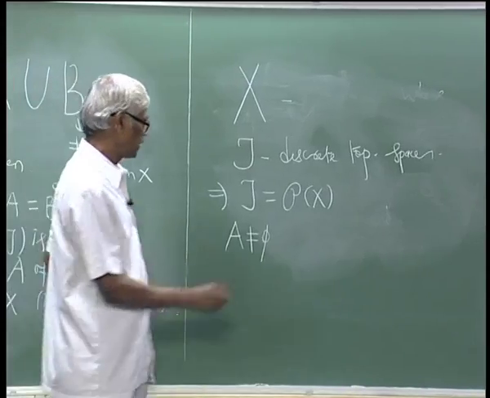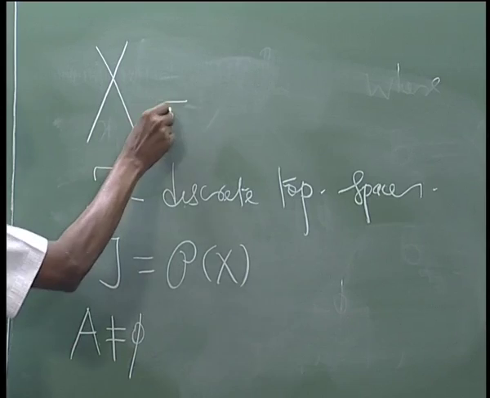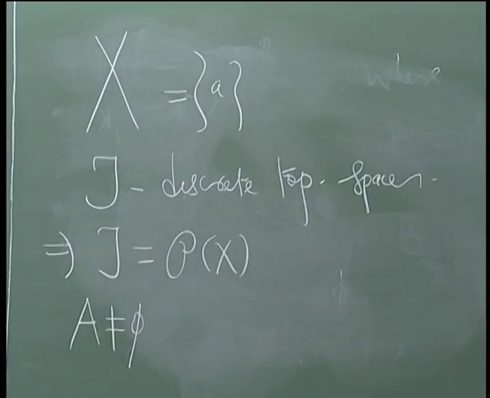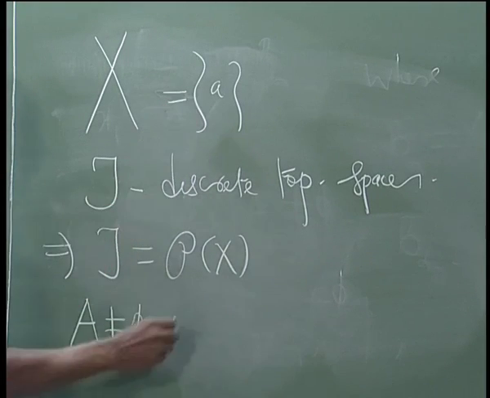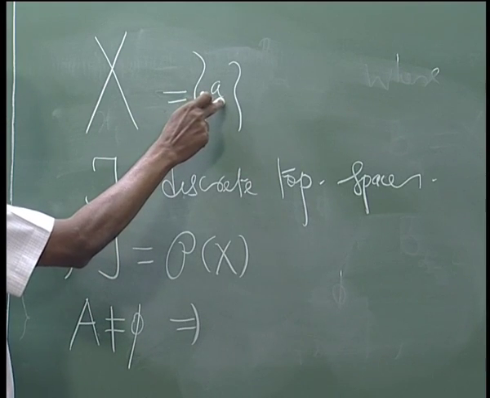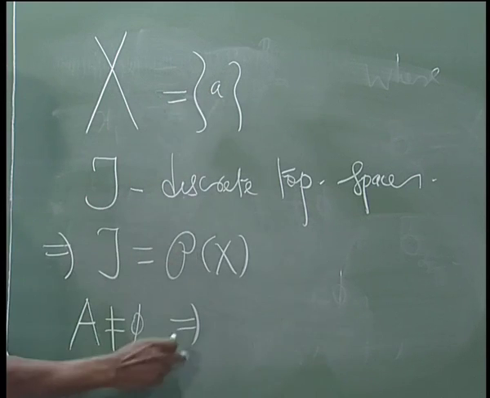But what will happen if A contains only a single element? Then A is non-empty, and in this particular case X is a singleton set containing one element, say a, so A is the singleton {a}.